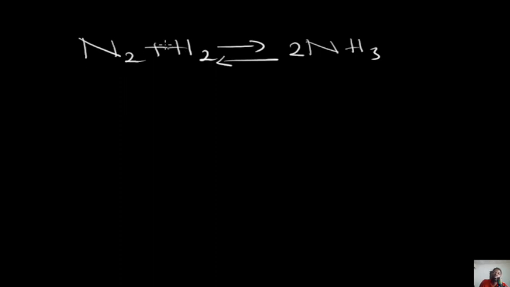So this process will keep going on and on, and this is basically a reaction to produce ammonia when nitrogen and hydrogen directly combine. I'm just trying to show us an example of what we mean when we say a process is reversible.